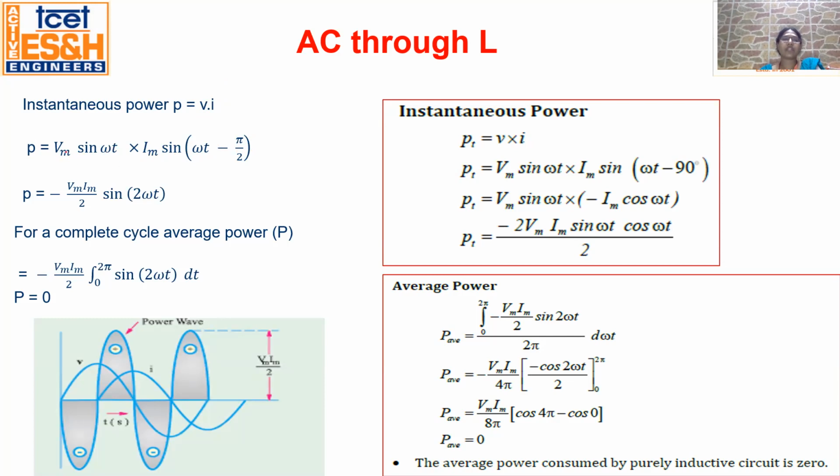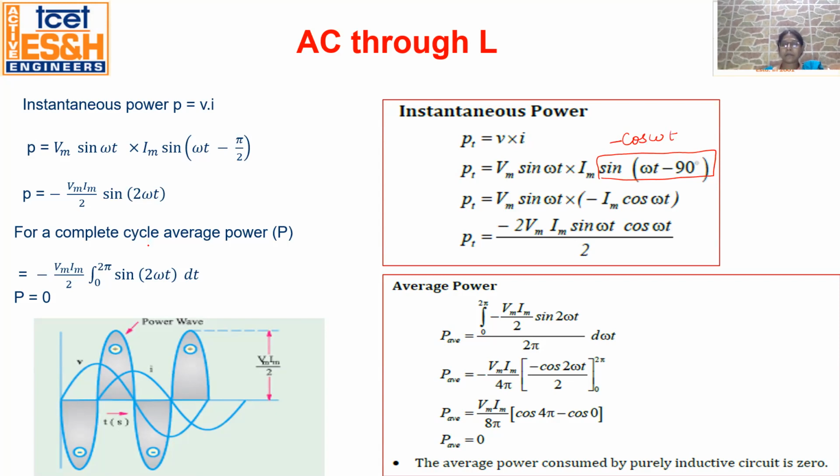So after multiplication, what will we get? Vm and Im, and in place of sin omega t minus 90, we write minus cos omega t.